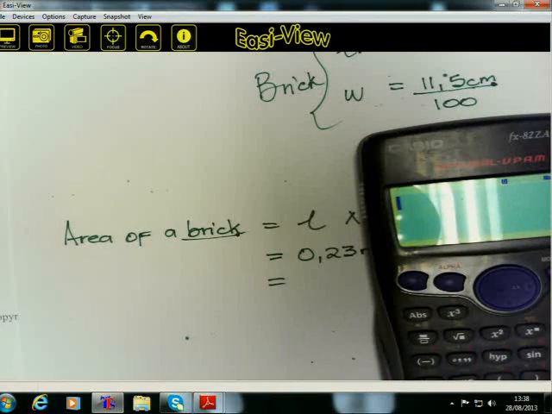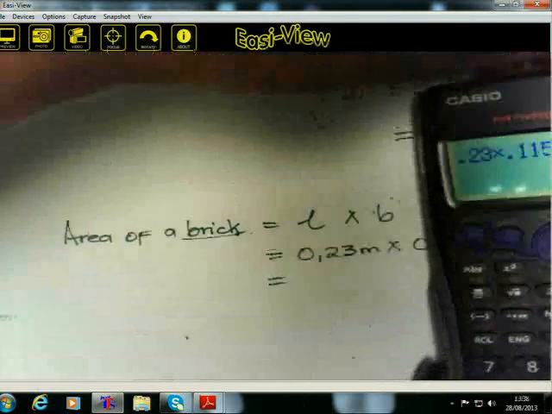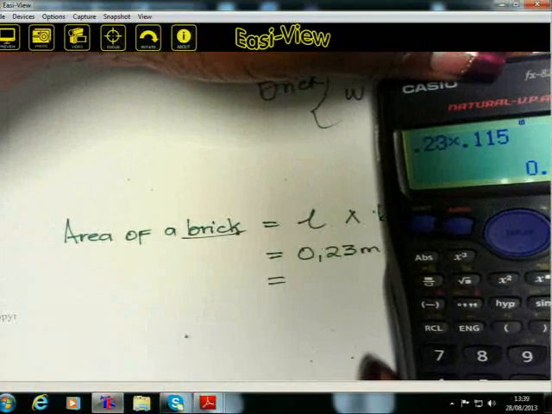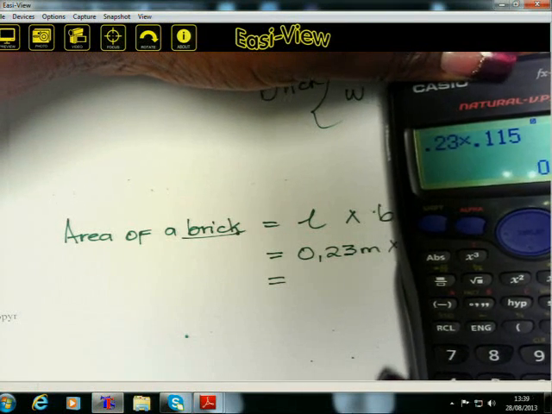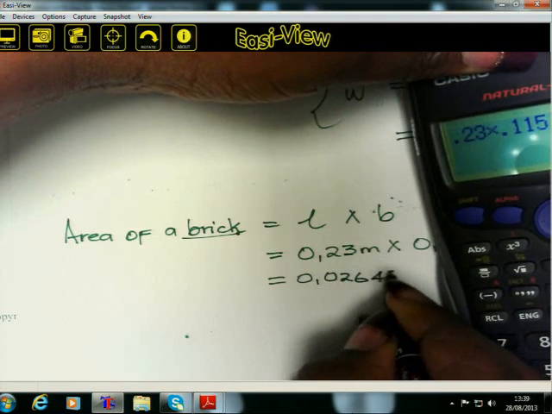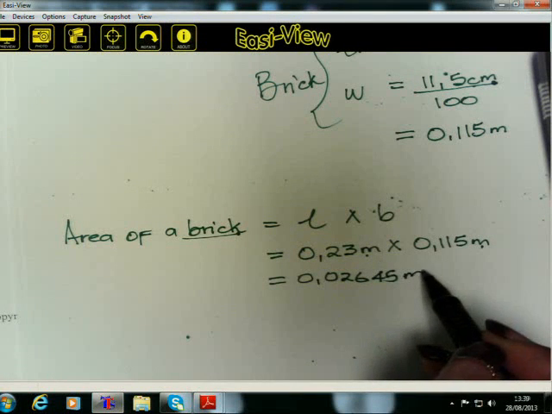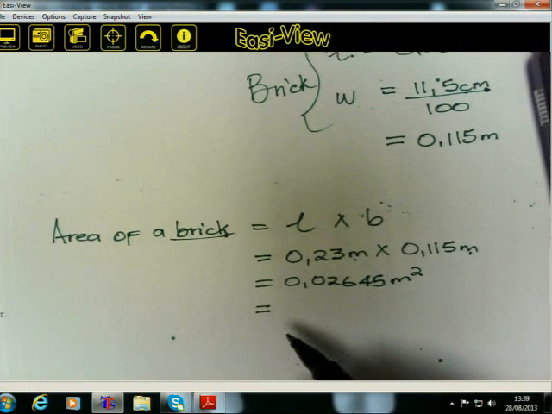Let's punch those in our calculators. 0,23 multiplied by 0,115 gives you 0,02645. Remember your units, meters multiplied by meters gives you square meters.